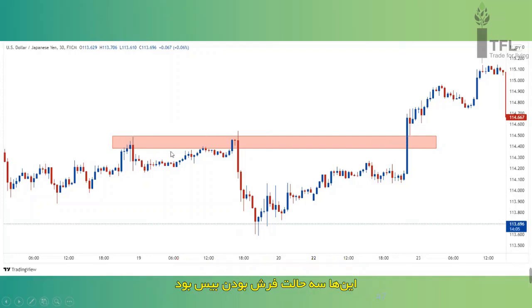So these are the three types of zone: the one that I like, the one with medium risk, and the one with extremely high risk. So you have to know your zone well.